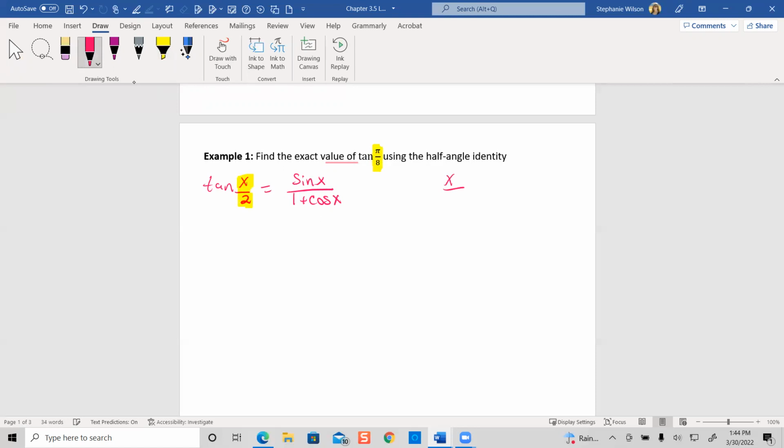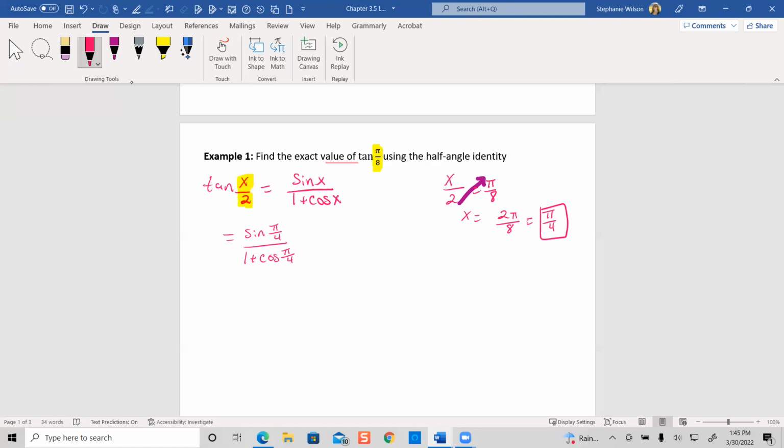I'm going to take x over 2 equal to pi eighths and solve for x. All I have to do is bring this 2 over here, because x is on top and we're solving for x. So now I have 2 pi eighths, which reduces down to pi fourths. Now that I know that, let's take our sine and in the place of x put pi fourths, plus cosine of pi fourths.